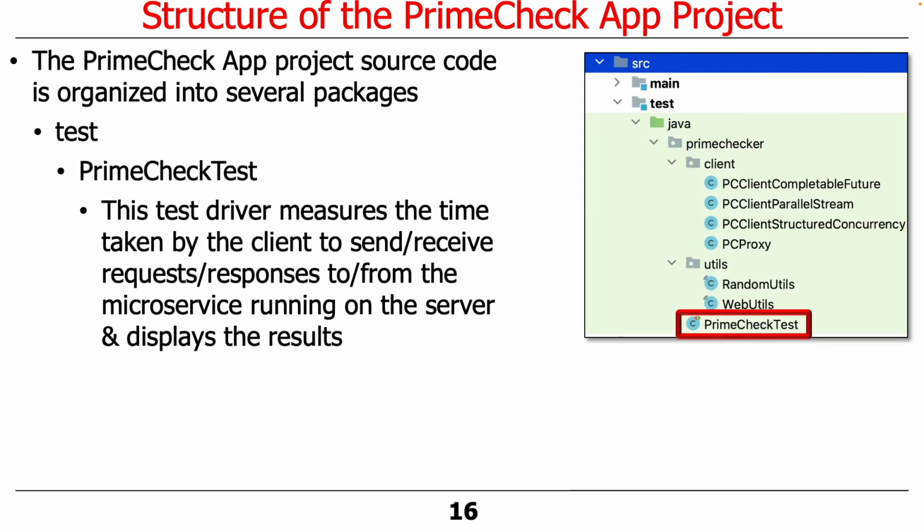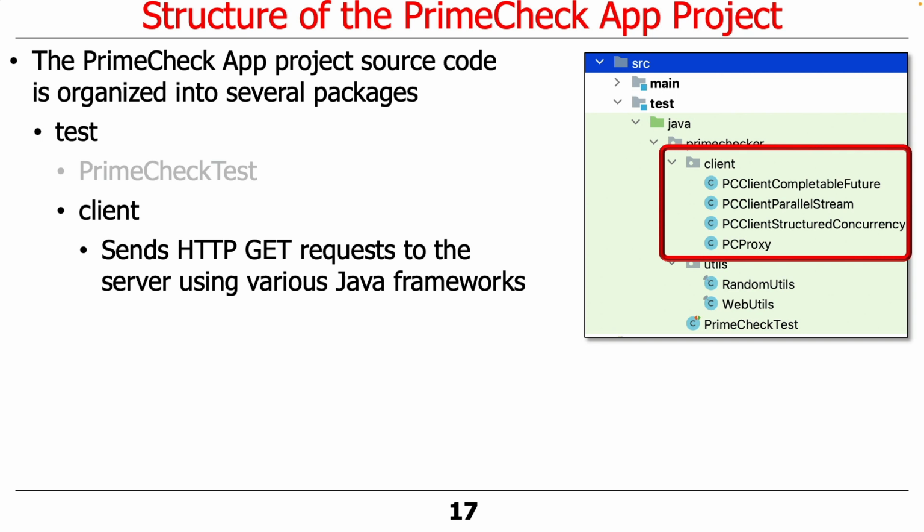Speaking of clients, the client folder has a test driver, which is going to measure the time needed to send and receive these requests and responses to and from the microservice running on the server and display the results. So that way we can do a bake-off to see how each approach performs. And then there's a client folder, which basically has the client code.